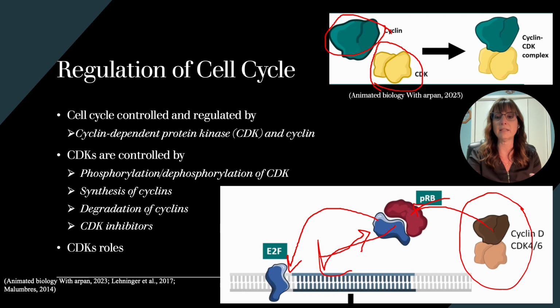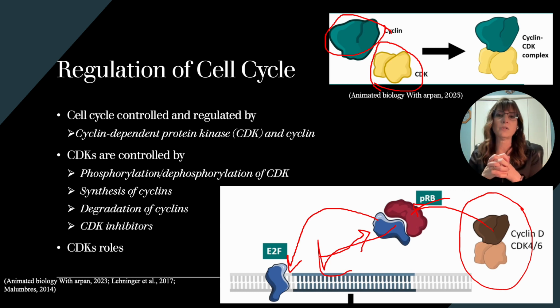Now, there's a few other things that CDKs are vital to in the cell cycle, and I just wanted to touch on them briefly. First of all, lamin is a component to the nuclear membrane. When lamin gets phosphorylated, it allows the nuclear membrane to degrade, and you know that is important in mitosis.